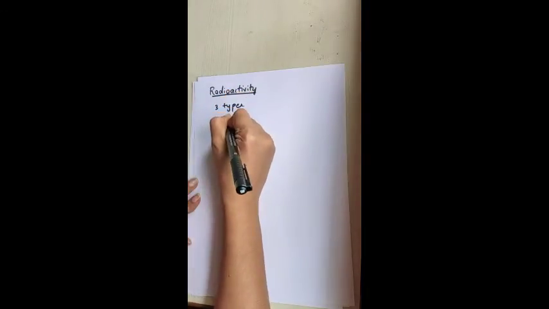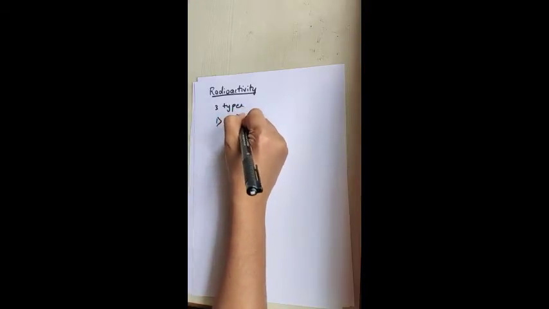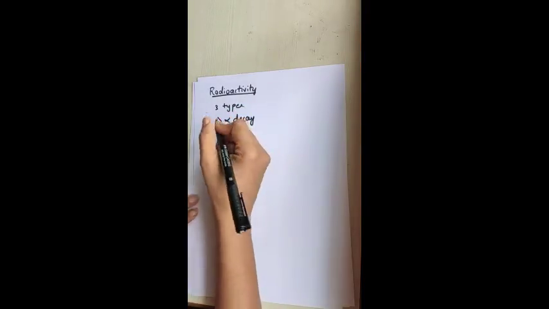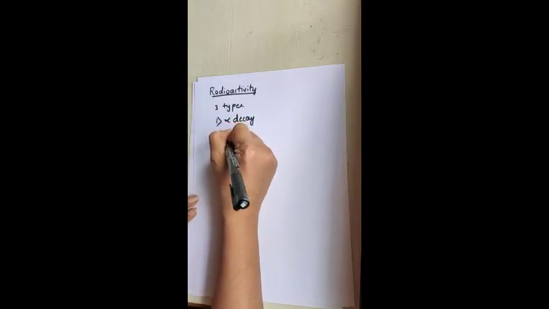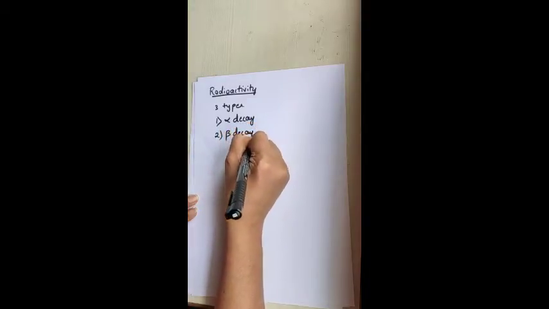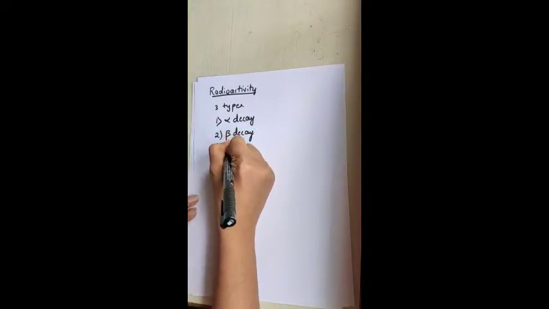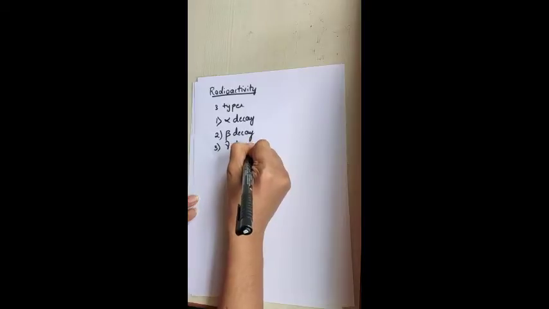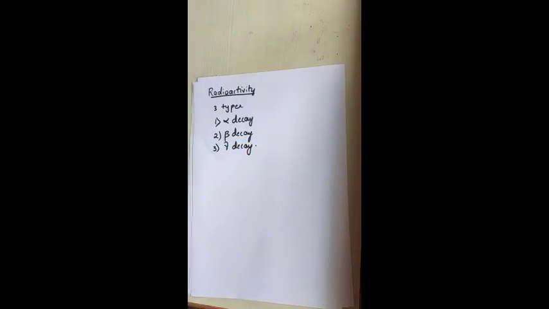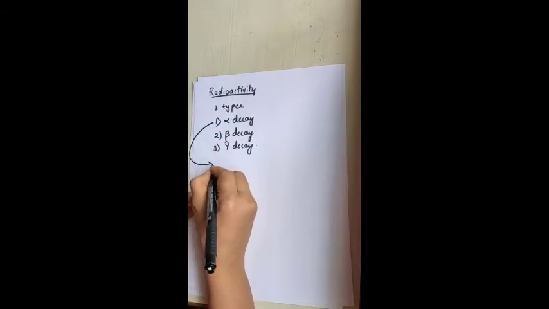They are alpha decay, beta decay and gamma decay. And you must also note that not all the elements are radioactive. Only those elements with atomic number greater than 82 are radioactive. Okay, the first one is alpha decay. So what is this alpha decay?